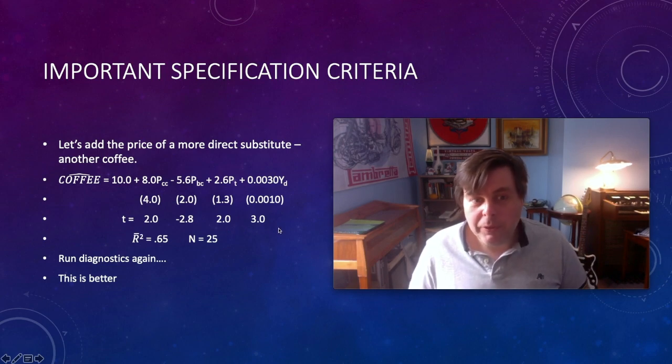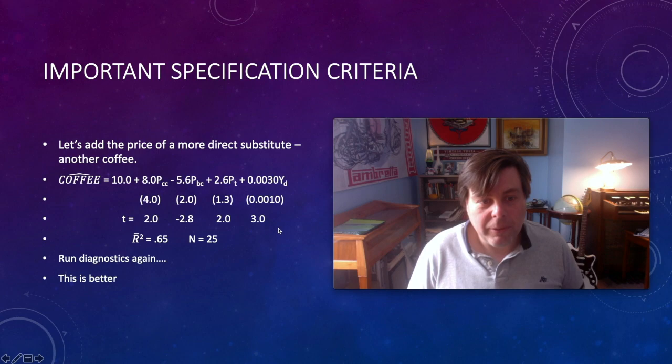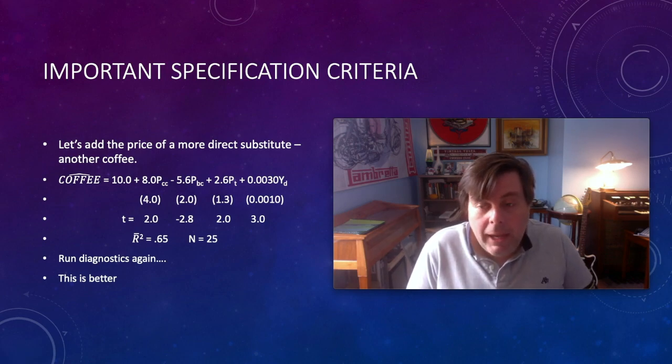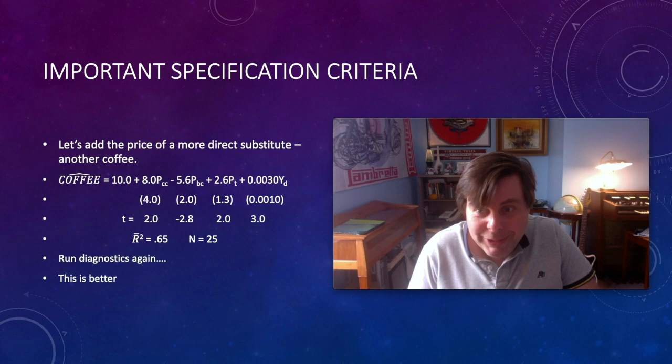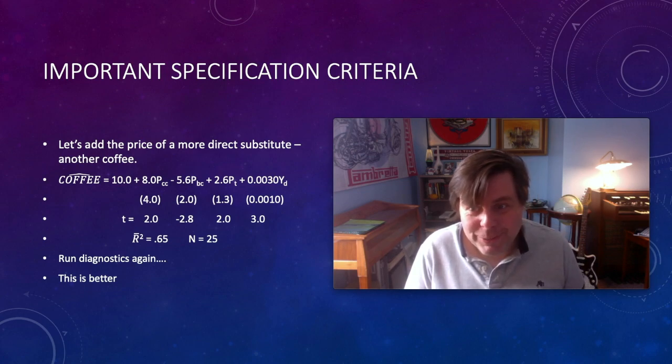And now we run that regression, and whoa, here it comes back. All the variables are now significant, and they have the sign that we would expect. So it turns out that as the price of Colombian coffee goes up, people buy more British Columbian coffee, but as the price of British Columbian coffee goes up, people buy less of British Columbian coffee.